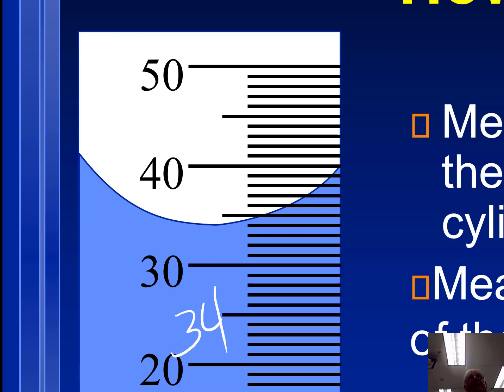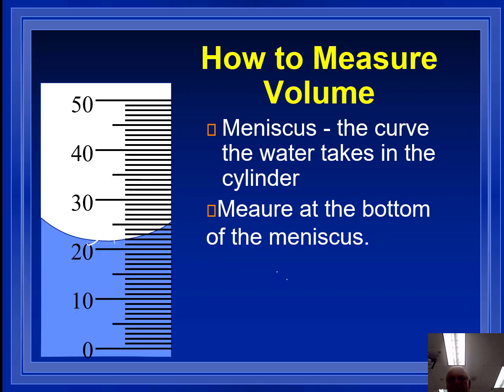And the way I say it's right on the line is by putting 0.0. That's what that 0.0 means. That means my graduated cylinder is marked in the ones place. I need to go one more place.